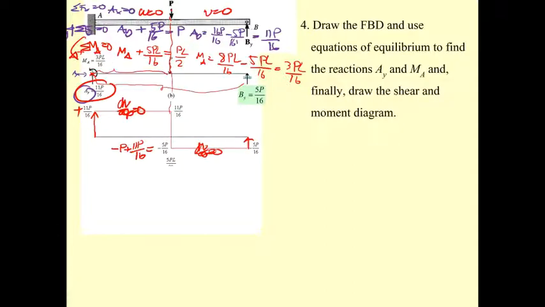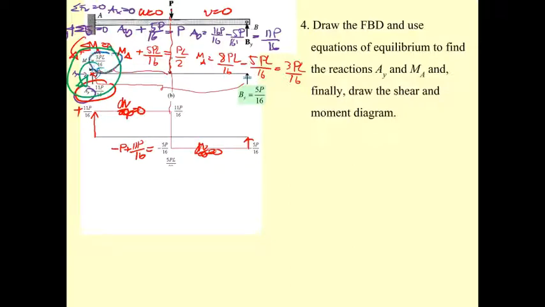To draw the moment diagram, this is going to be positive, or this is going to be negative. And if you use the sign convention of M, you may see it rotates in the same direction. If you move to the right, that is going to be negative.